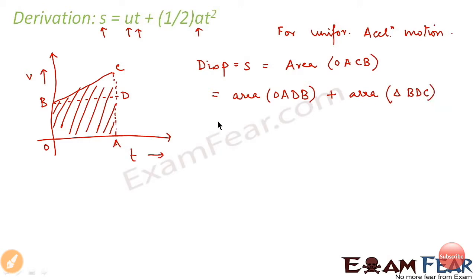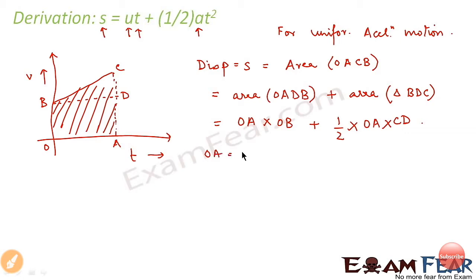Now, let us find the area of this rectangle. The rectangle area would be length into breadth, that is OA into OB. The area of this triangle would be half into base, where the base is BD and BD is equal to OA. So half into OA into height, and the height is equal to CD. What is OA?